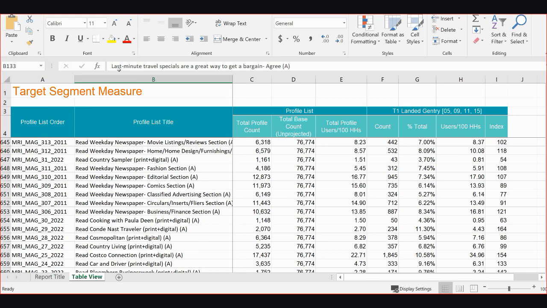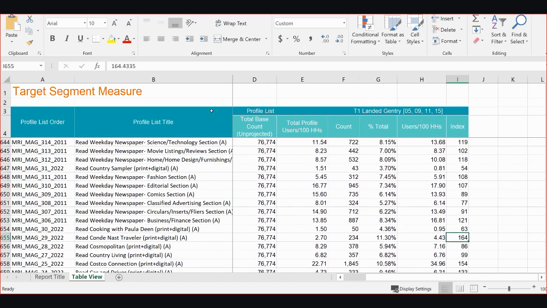Now, I would just ignore this profile list because this is sort of like the base, the larger population that we're running on. But what we want to look at is these columns that say landed gentry. So remember, we were looking at 05, which was the country squires. So here is an example. Why don't we look at Cosmopolitan?